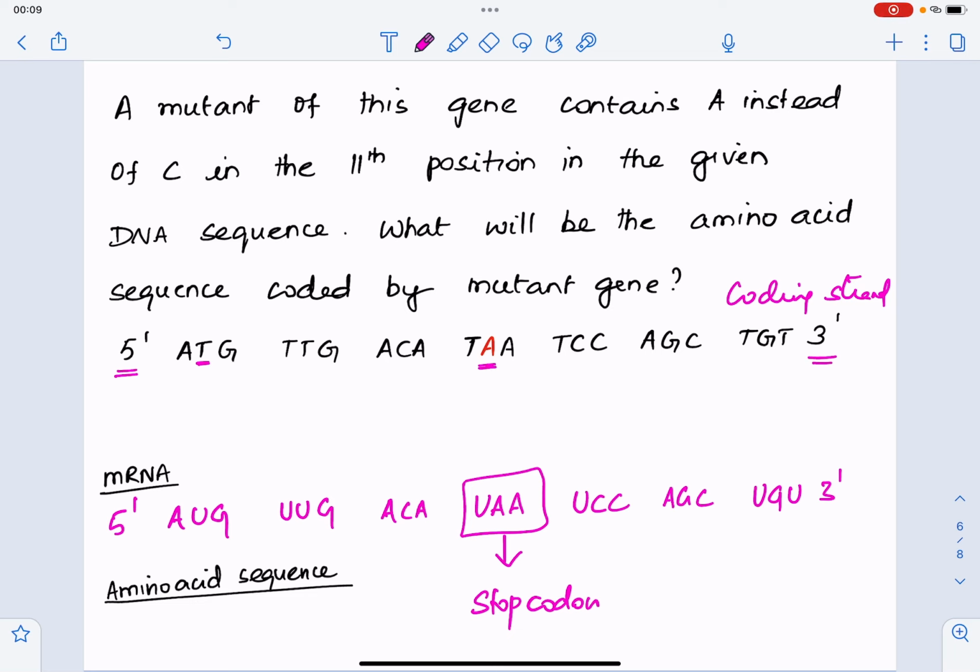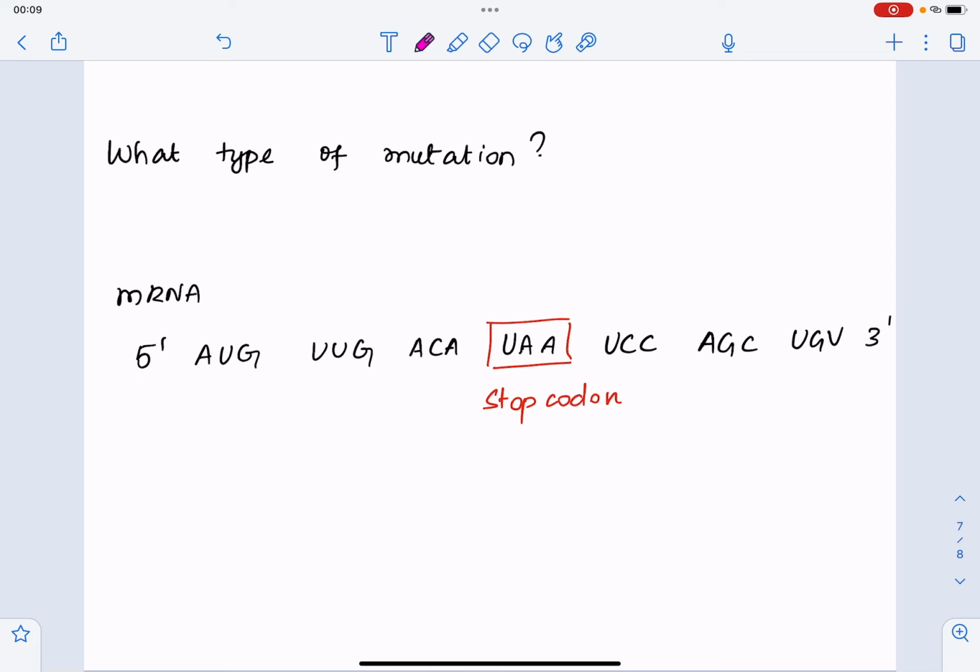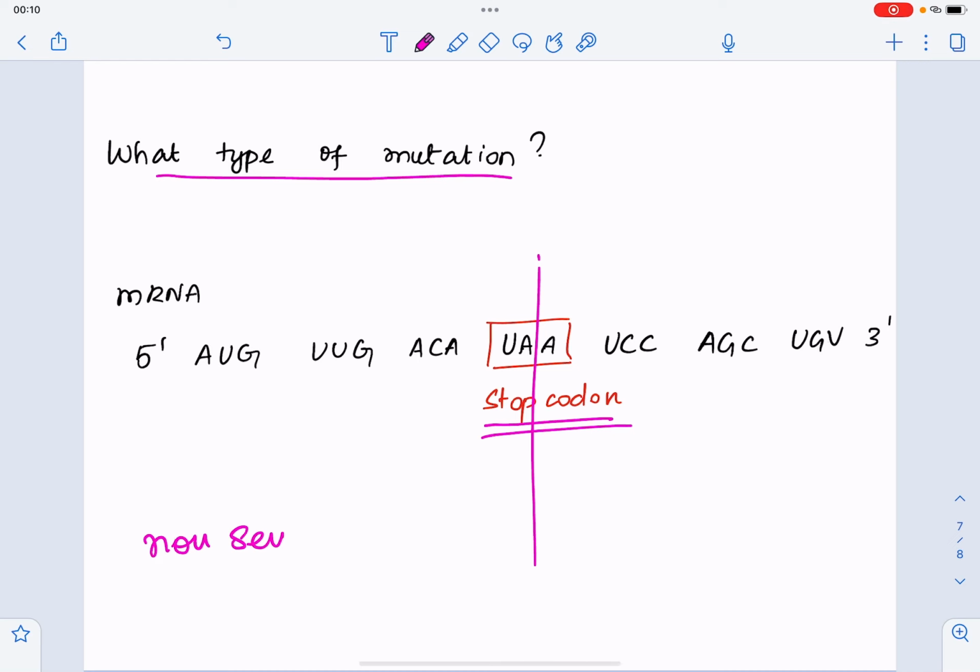What kind of mutation has happened here? Since it becomes a stop codon, the protein synthesis is truncated at this level. So a truncated protein is synthesized, which is a nonsense mutation. Whenever an amino acid codon is converted to a stop codon on mutation, that is a nonsense mutation. I hope you have understood.